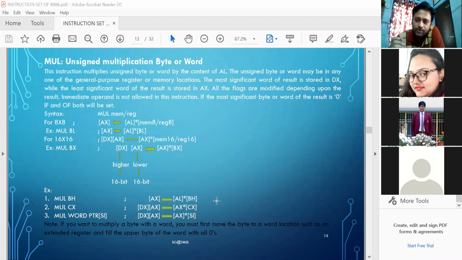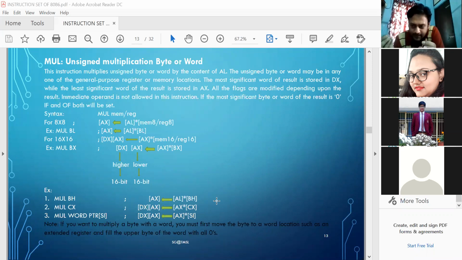So I need two registers. The 0002 must be loaded inside any 16-bit register, assume BX, and the 8-bit number which is 08, suppose it is in the AL register. Then from AL it is moved into the CX register.